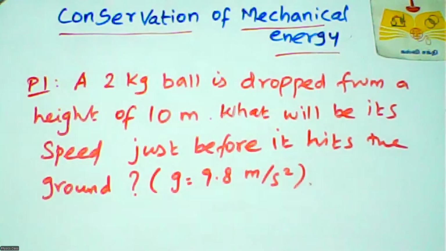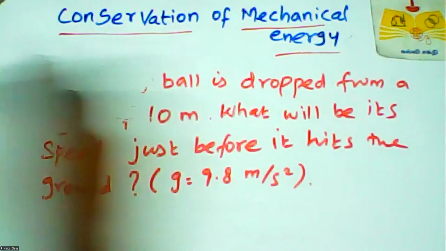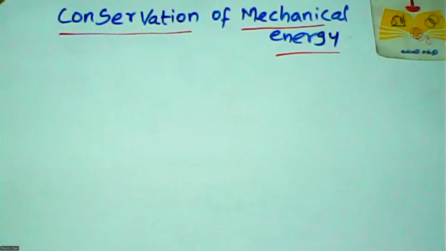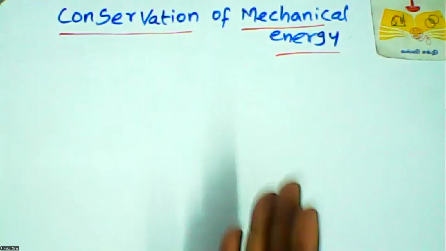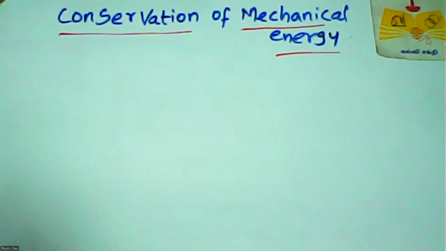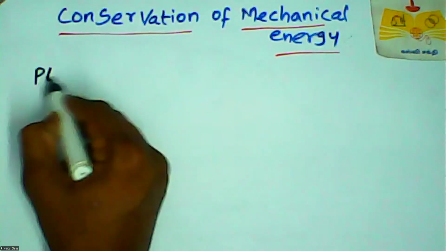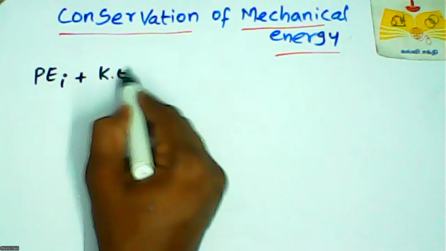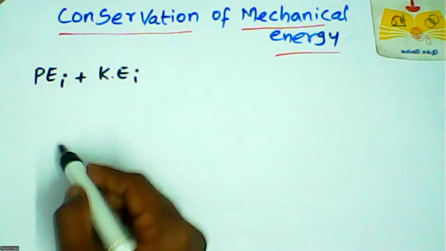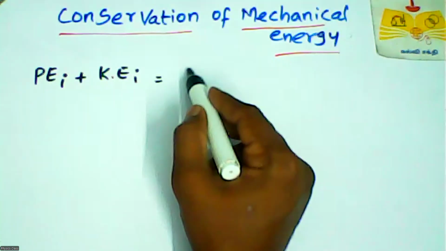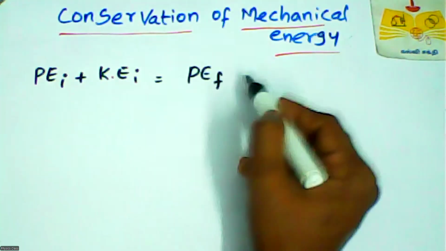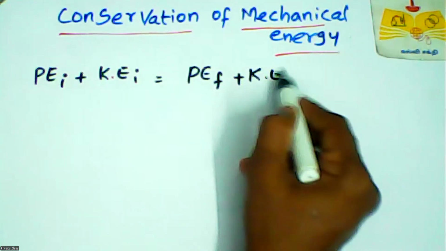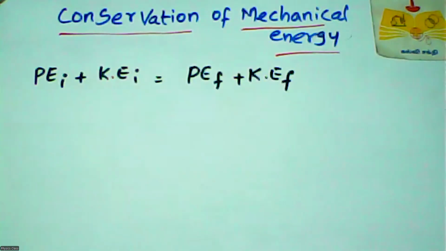Already we know the law of conservation of energy. By the law of conservation of energy, the total energy before the process and the total energy after the process will be equal. That means the potential energy and kinetic energy of the ball in the initial position are equal to the potential energy and kinetic energy of the same ball in the final position.